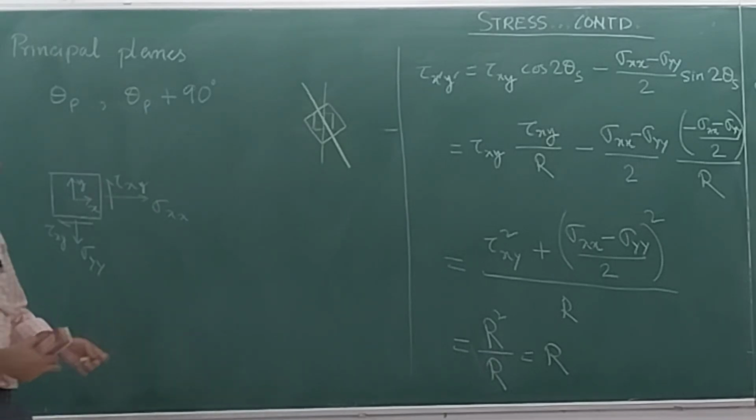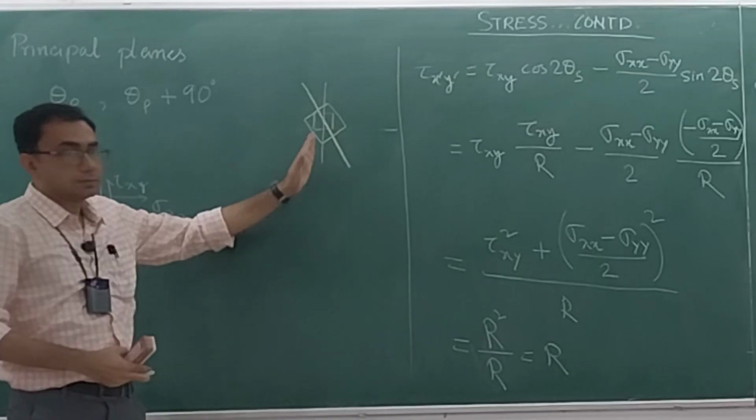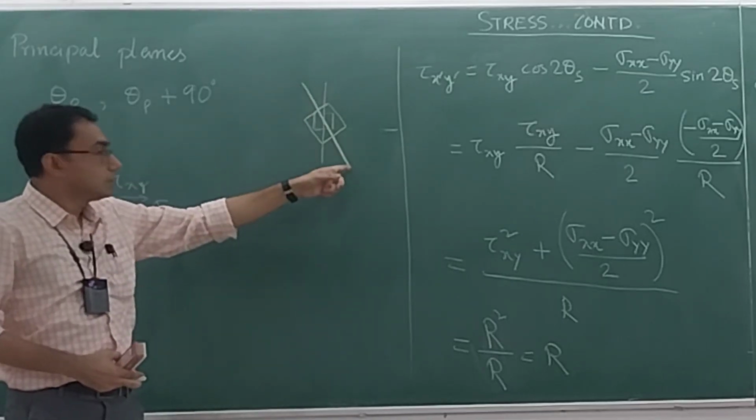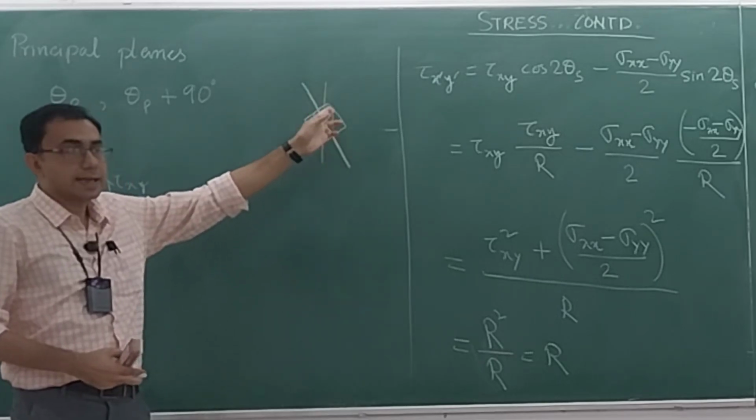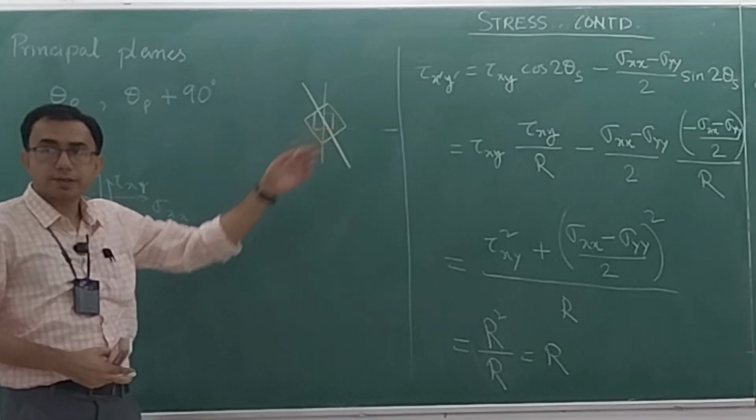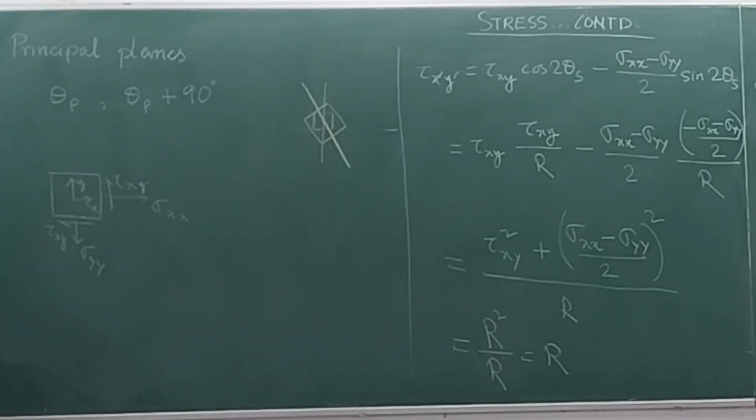Okay, so if you accept that this is the usual plane and this is the plane which is the principal plane, then this also is the principal plane. This edge of the stress element, that is the exact thing which I am trying to draw here. So this is my point of interest. Around that point I get another rotated stress element.